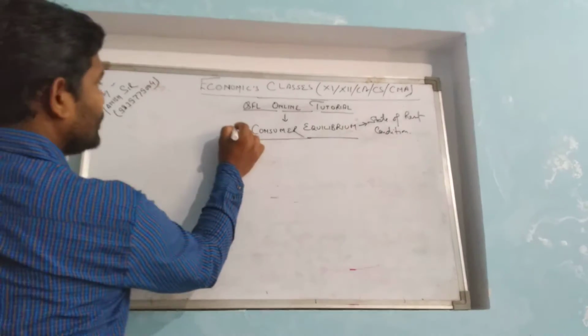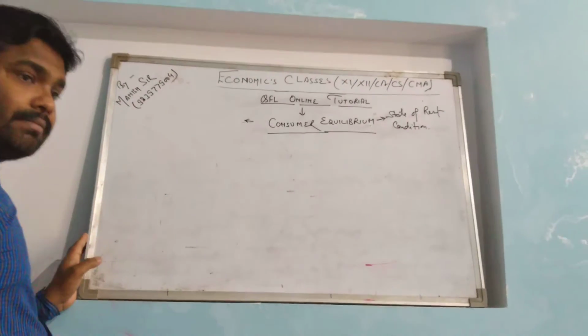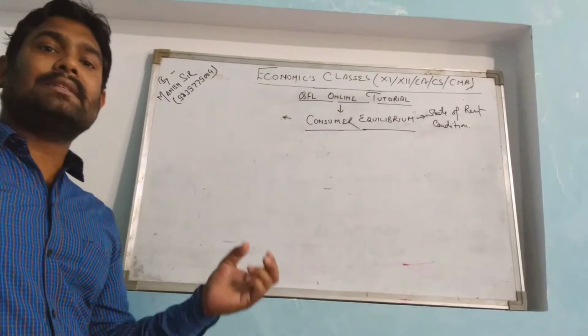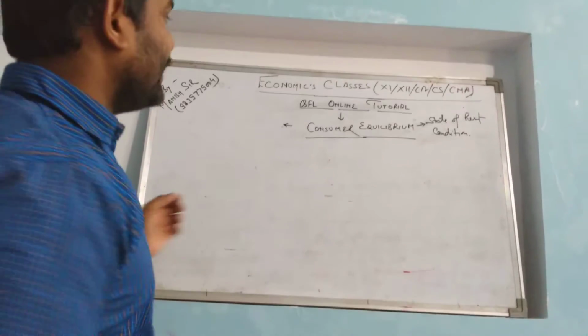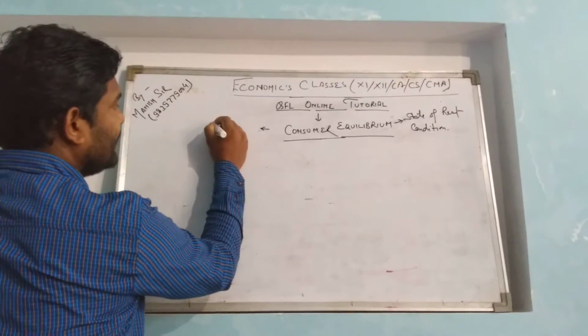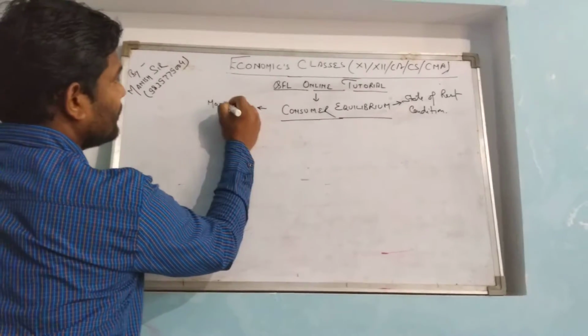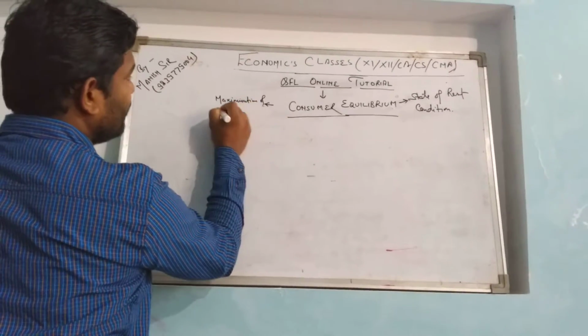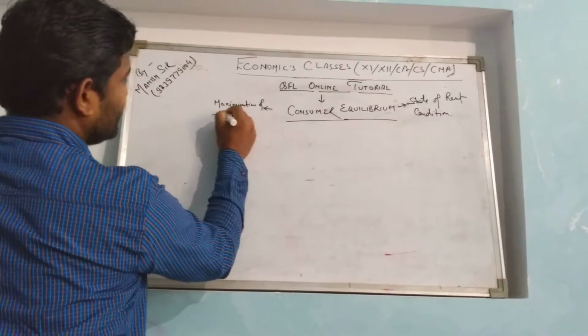And who is a consumer? A consumer is one who consumes to maximize his or her satisfaction, or we can say that the main objective of a consumer is maximization of satisfaction.